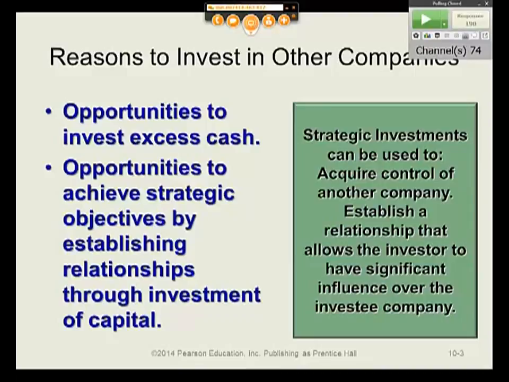So what they're looking to do is to put that money into interest-earning assets, so bonds or notes payable you invest in, to get you interest revenue, or if you buy the stock, you can get the dividends and, of course, capital gains as well. Or from a strategic investment side, you could establish a relationship that would give you control, or actually own the company outright. You could do this by getting control of either a major supplier or a major customer.